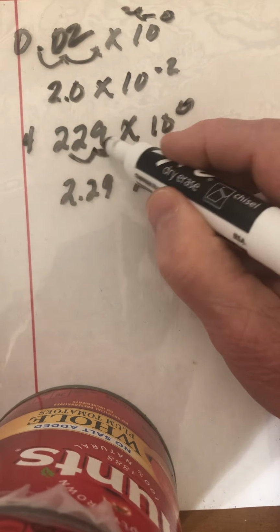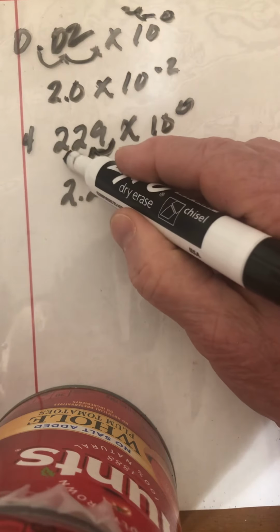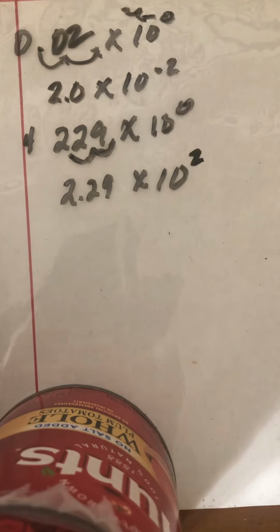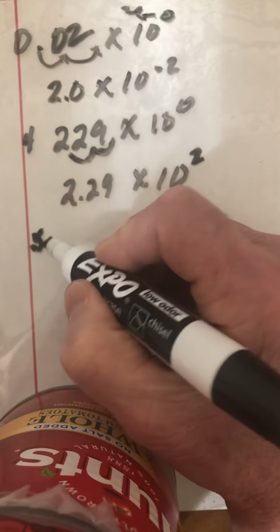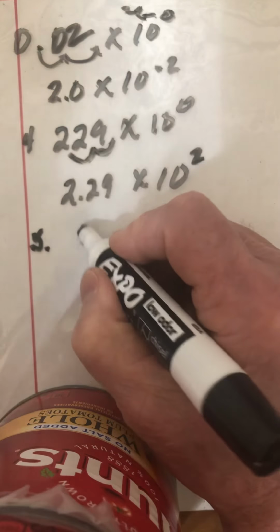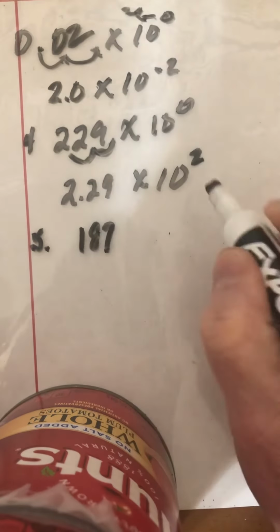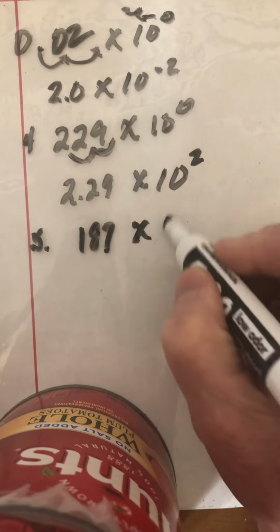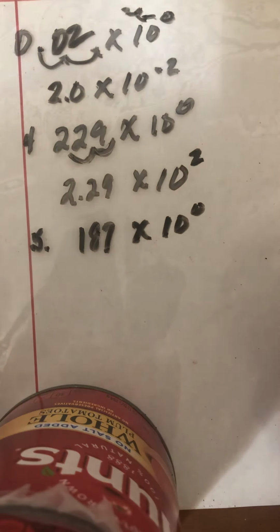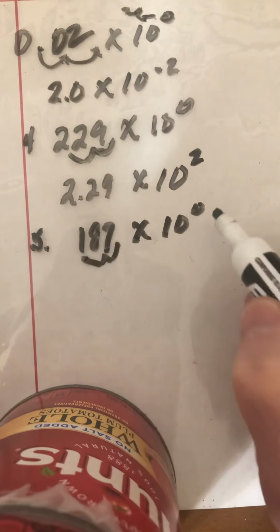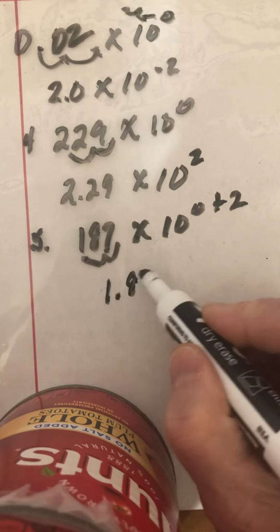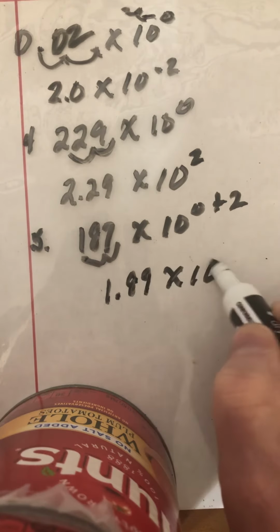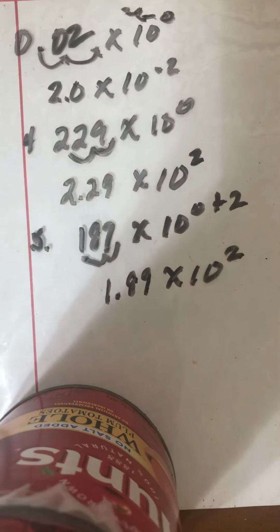So it goes from 0 to 1, 2. So I get 2.29 times 10 to the second. Number 5, I have 187, and again we can always think of that as times 10 to the 0. So when I move that twice, that means this has to go plus 2 here. I get 1.87 times 10 to the second.